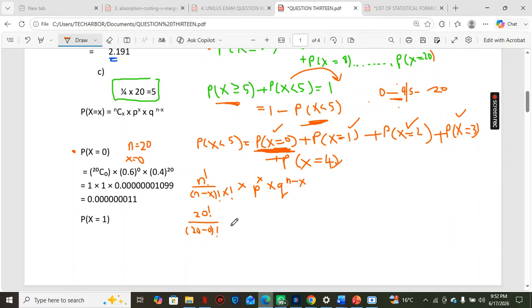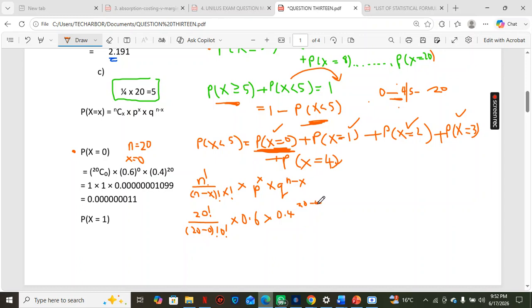Then x is 0, so you say 0 factorial, multiplied by the probability of a success, 0.6, raised to the power 0, multiplied by the probability of a failure, 0.4, raised to the power 20 minus x, that is 0.